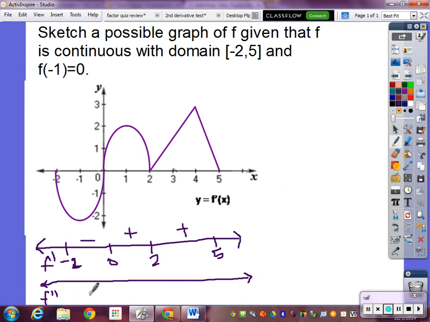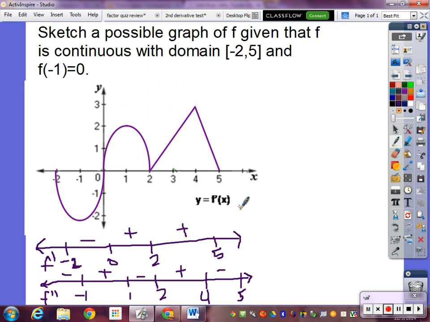So I'm going to map that out on my sign chart for f double prime. So that would be my sign chart for the second derivative. And both of these charts are great tools for curve sketching.